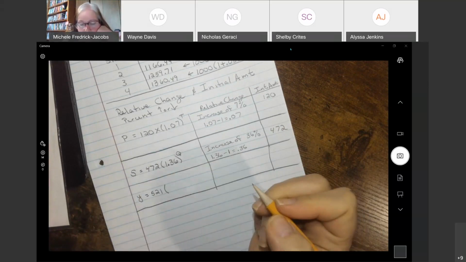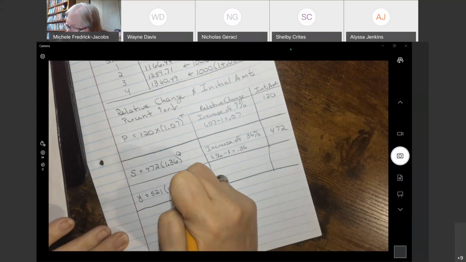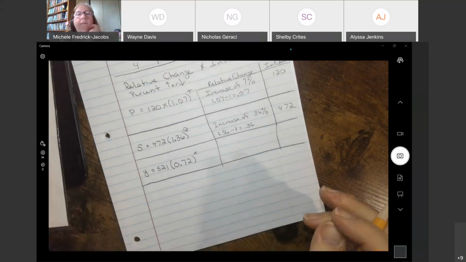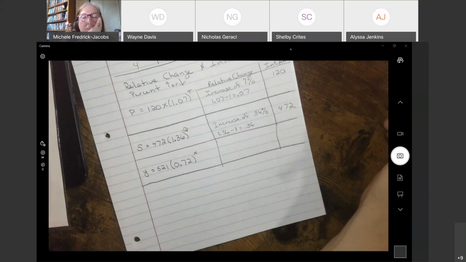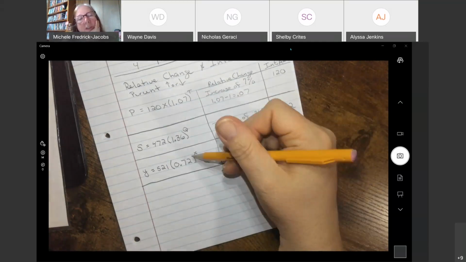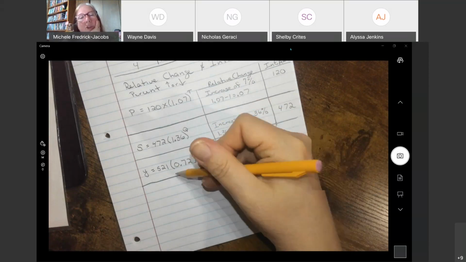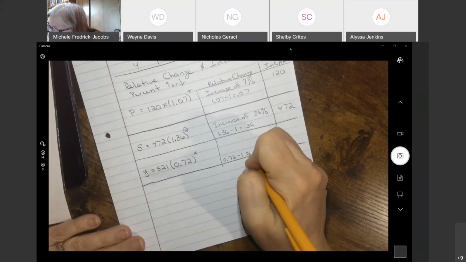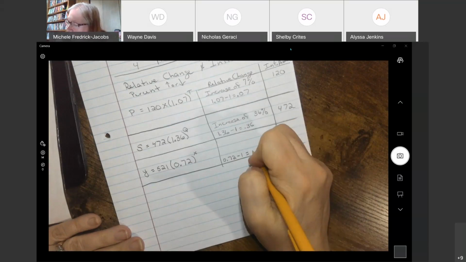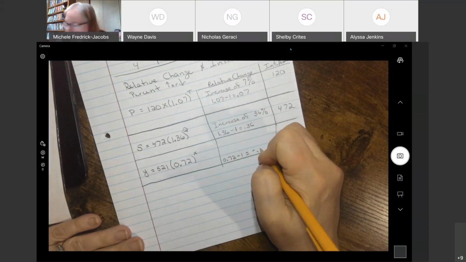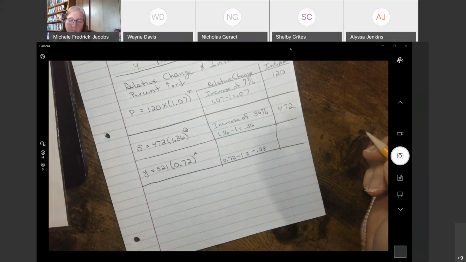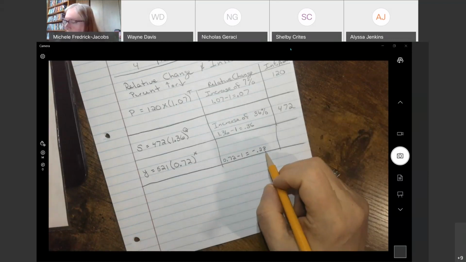Y equals 521 times 0.72 to the X. To find relative change, take the part that has the exponent on it and subtract 1. Notice you get a negative 0.28.